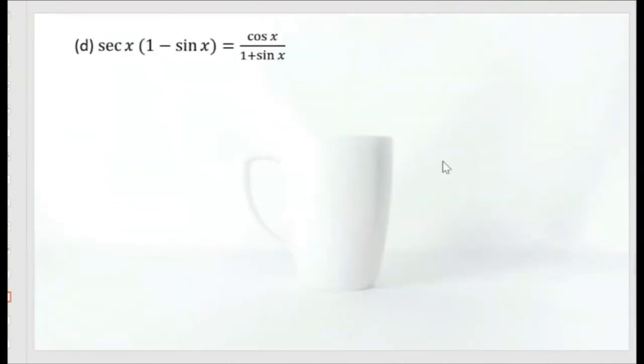Okay, now we go to one more question, D. A few more examples on the proof from the left hand side. Left hand side, right hand side.